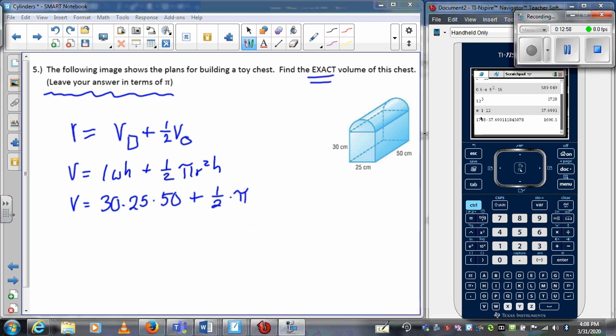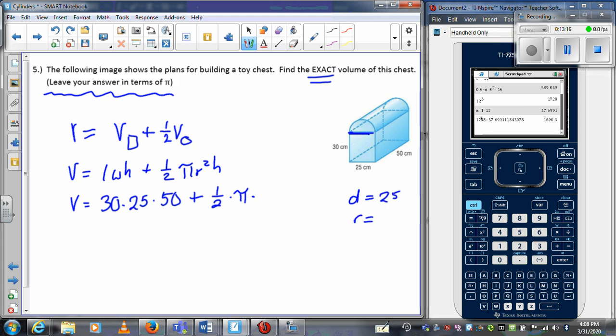Hold on. There we go. Times radius. Well, if this whole distance is 25, that means your diameter is 25, and your radius would be half of that. So half of 25. So that's 25 divided by 2.